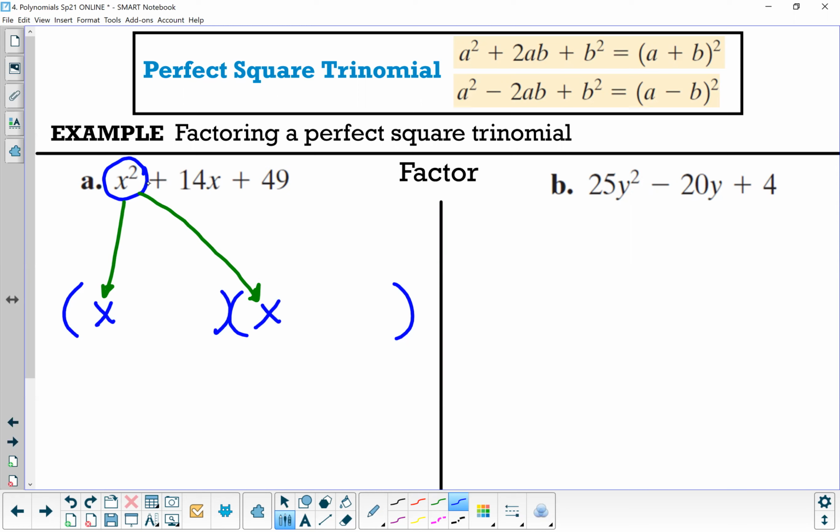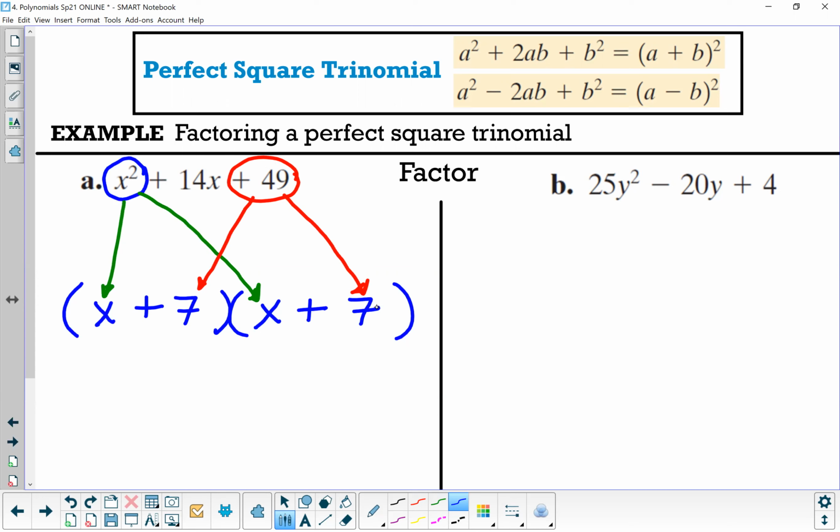Now we have plus 14x and plus 49. So that tells me I have two plus signs next. Then my plus 49 is influencing what terms are second in each of the factors. So 49, I'm going to guess 7 and 7.